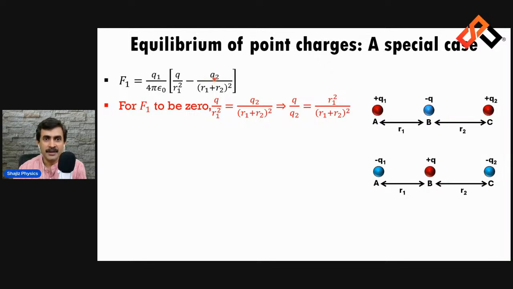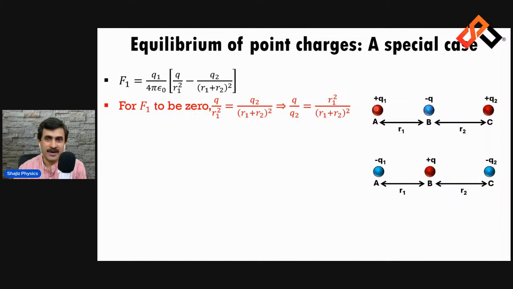Then you can take one quantity to the other side of the equality, so that you get Q by R1 square is equal to Q2 by R1 plus R2 the whole square. It simply means, when you cross multiply, Q by Q2 equals R1 square by R1 plus R2 the whole square. This is the condition for Q1 to be at equilibrium.